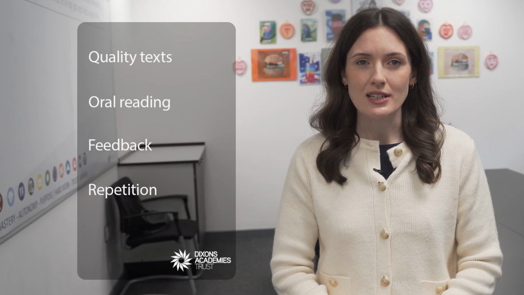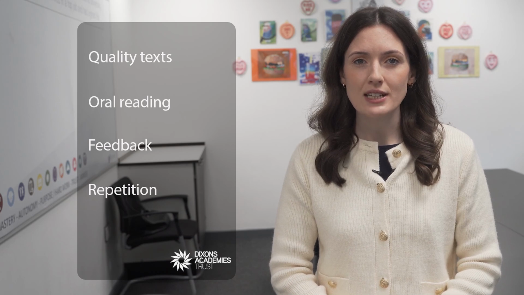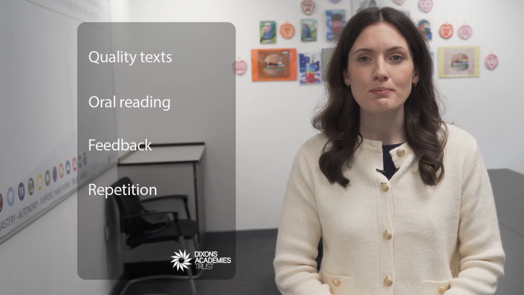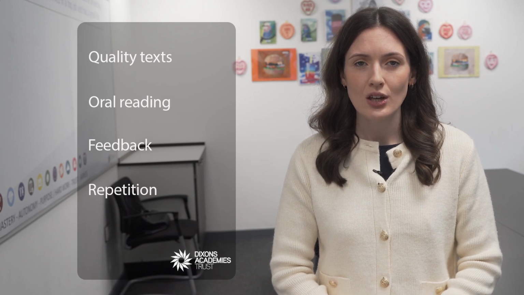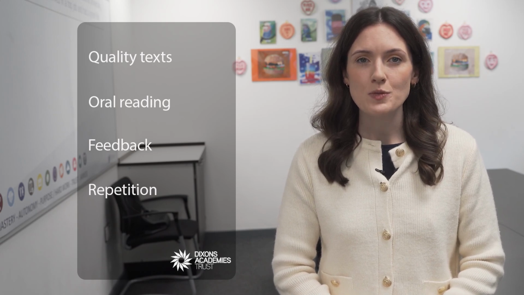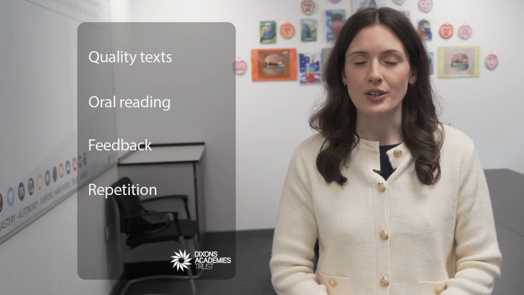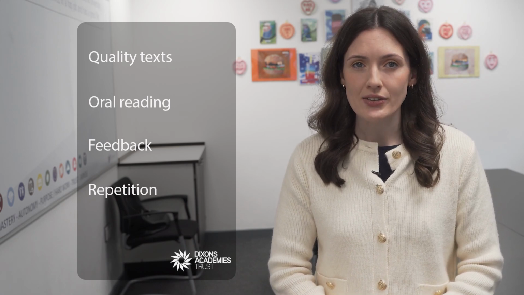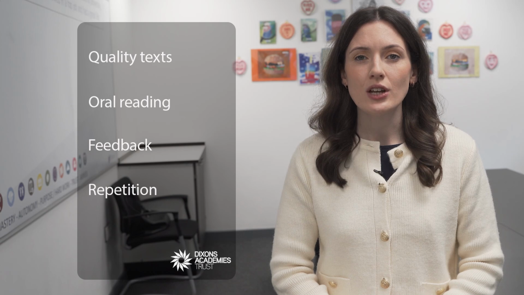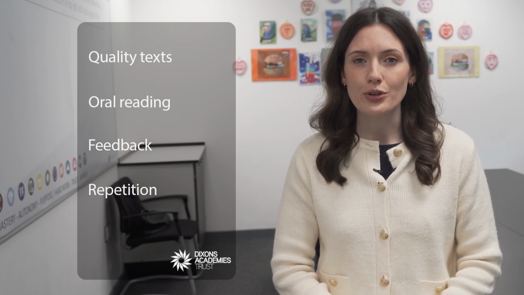Research has demonstrated that each time students read a text, their reading improves in many areas such as word recognition, accuracy, automaticity, expression, and comprehension. And interestingly, research also suggests that when students move to reading an unknown text, these improvements stick.